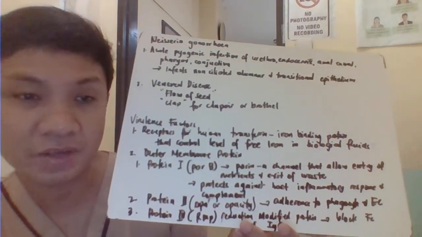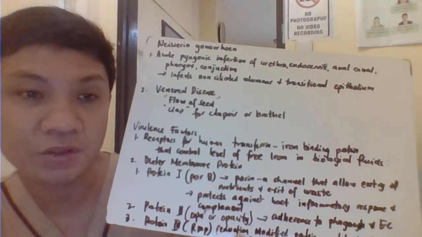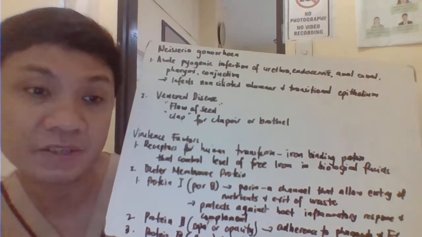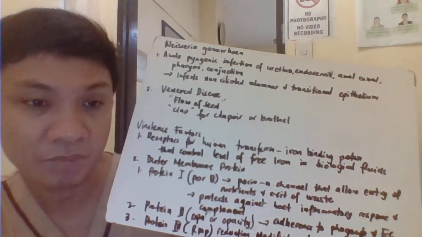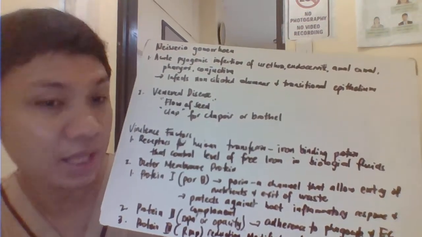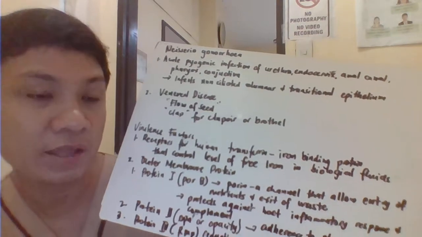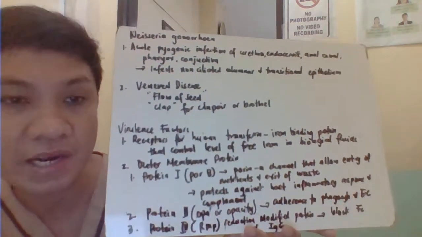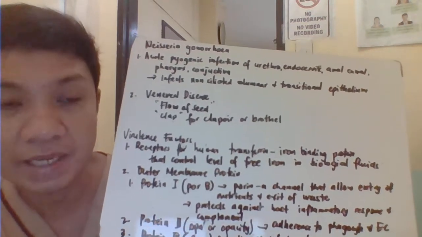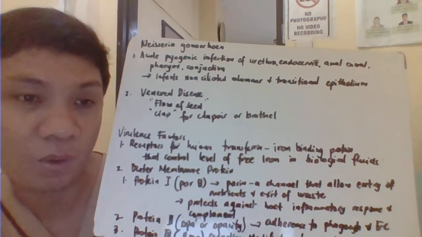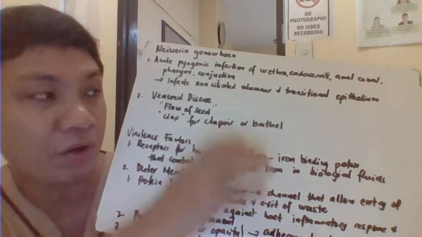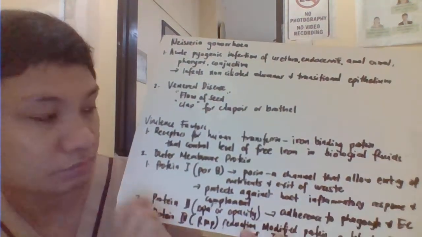The infection caused by Neisseria gonorrhoeae is an acute pyogenic, or pus-forming, infection, primarily infecting our genitals, including the endocervix, the urethra, and the anal canal. Basically, it infects the non-ciliated columnar epithelial tissue found in our genital tract.